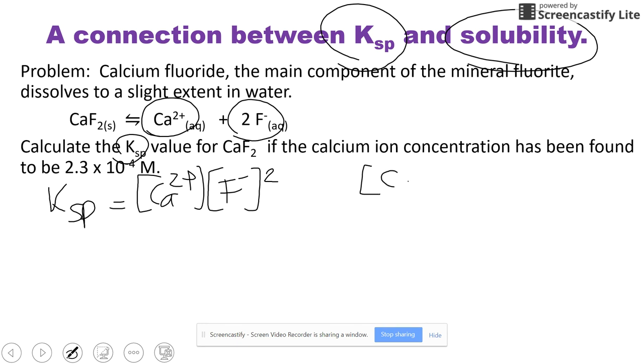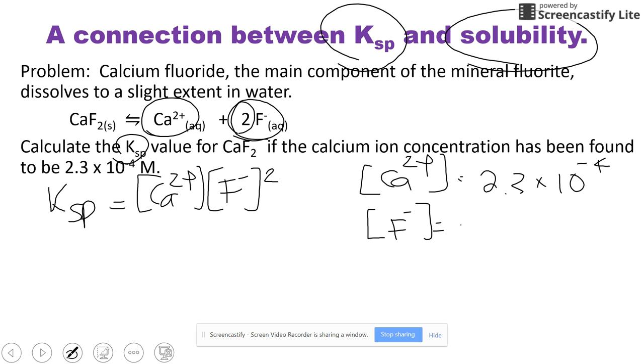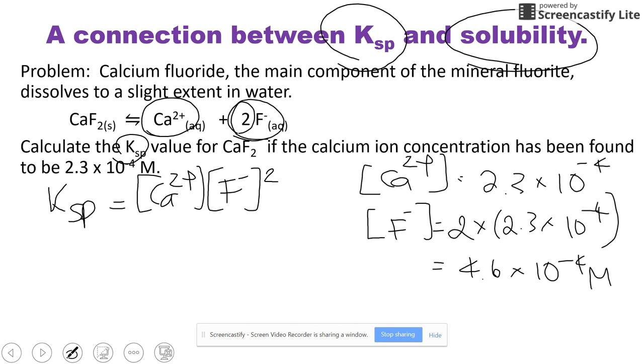We know that the concentration of calcium ion is equal to 2.3 times 10 to the -4, and the concentration of fluoride has to be double that because of the 2 here. So 2 multiplied by 2.3 times 10 to the -4 gives 4.6 times 10 to the -4 molar.